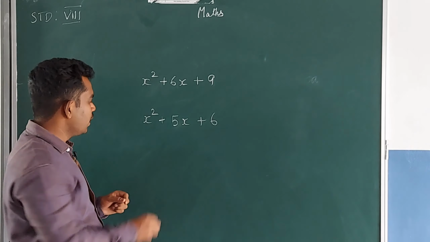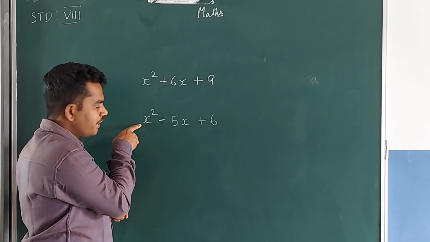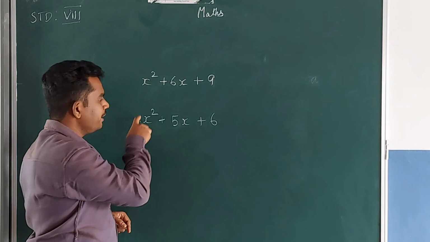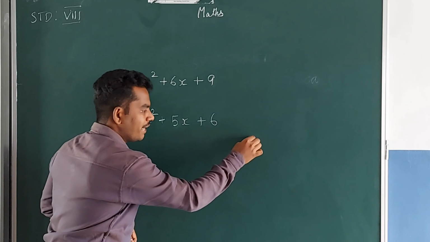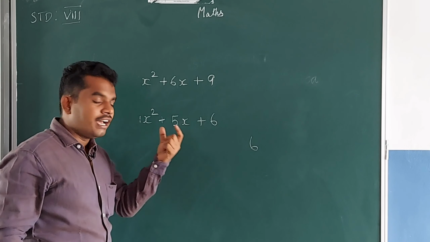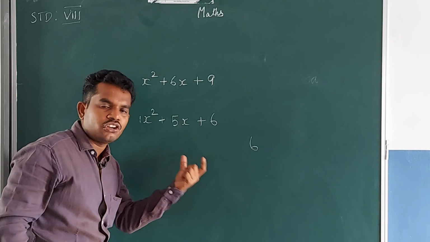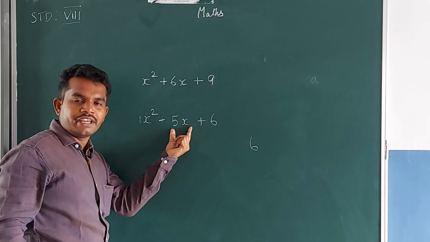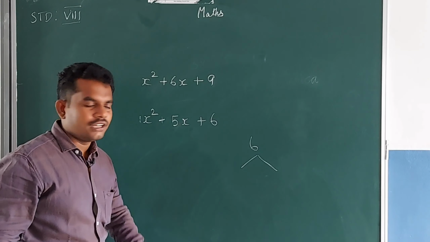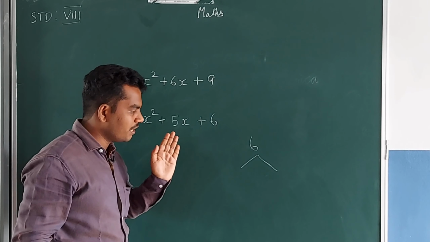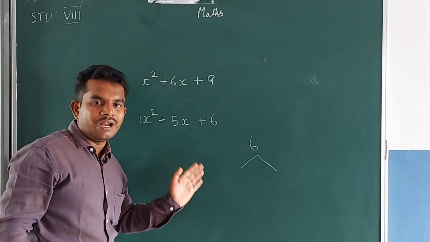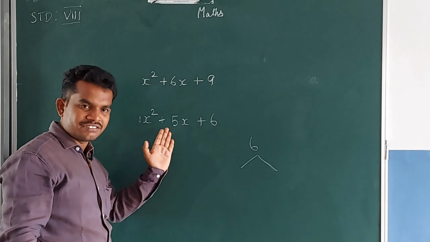What is the method? What is the coefficient of x square? 1. You multiply 1 with the constant term, 1 into 6, that is 6. You find the factors of 6, and the sum of the factors should be the coefficient of x. 2 threes are 6, so 2 and 3 are the factors of 6. 1 and 6 are not suitable for this sum.